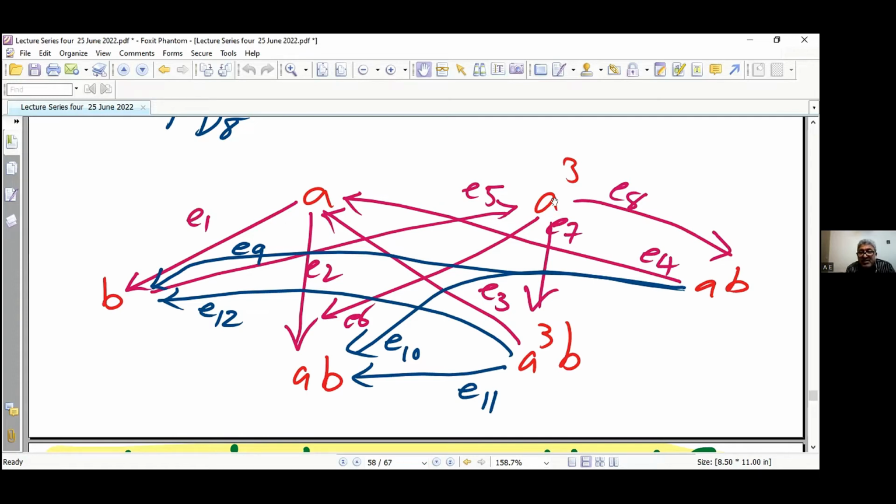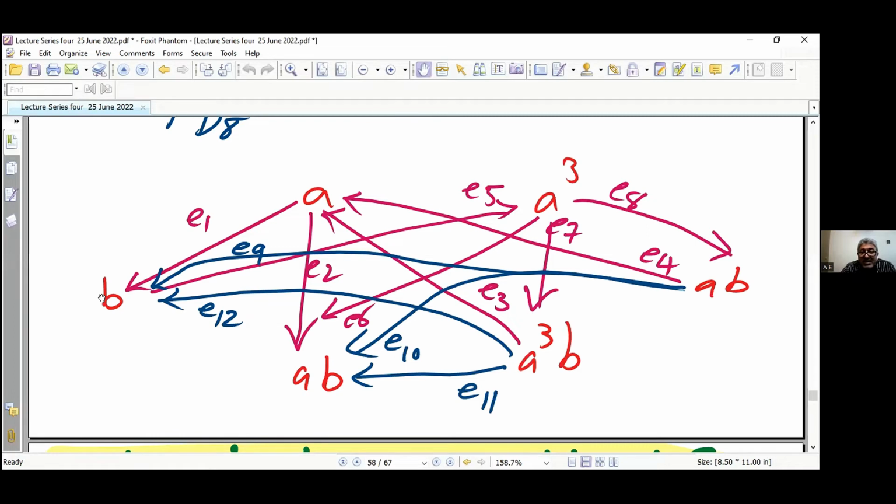E7, again, 0, because there is no intersection. E1 and E9 have intersection B, and because they are coming in, the entry for E1 and E9 is 1.